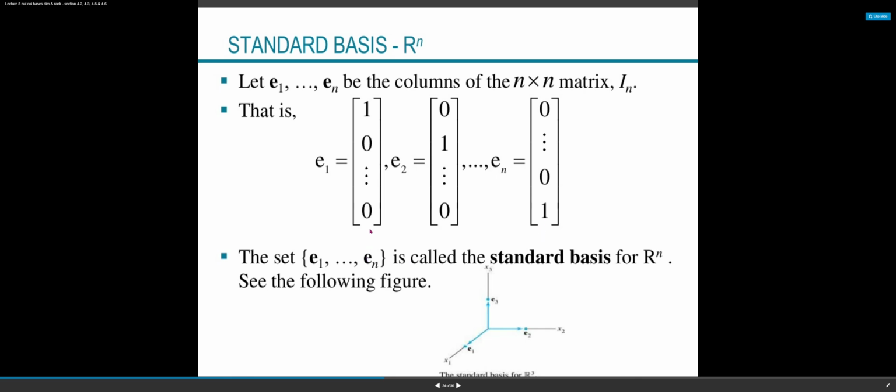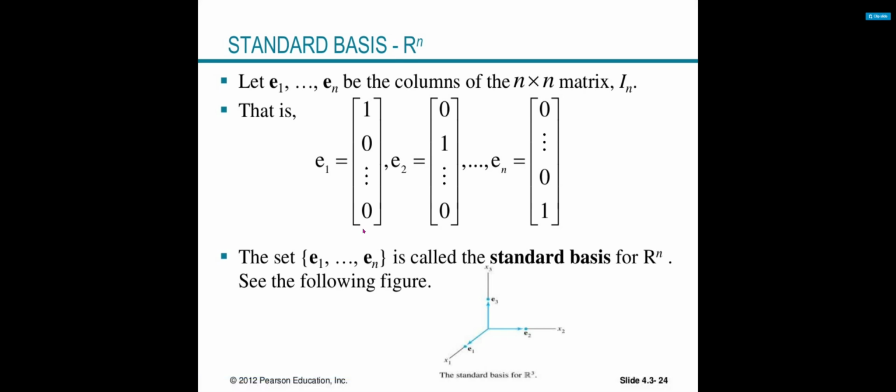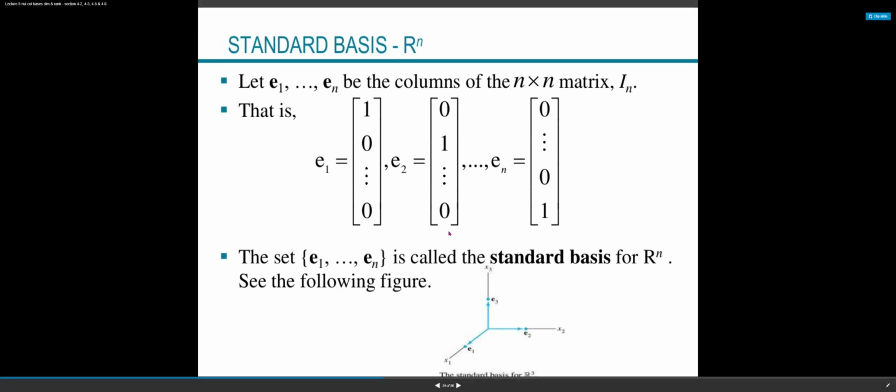So the number of vectors in your standard basis for Rn is n: 1 in the first position, 1 in the second position, third position, fourth position, and so on up to the nth position. You denote them as E1 to En.